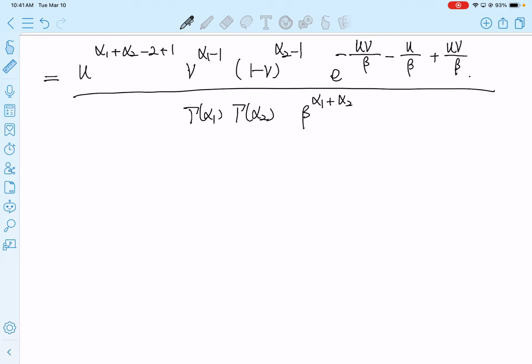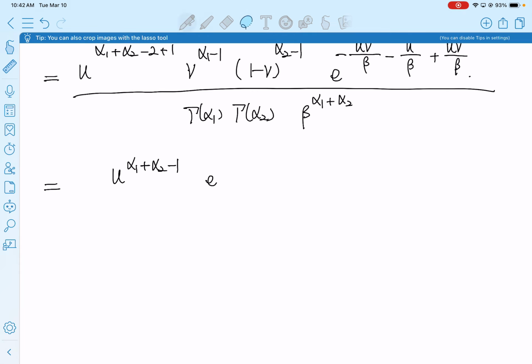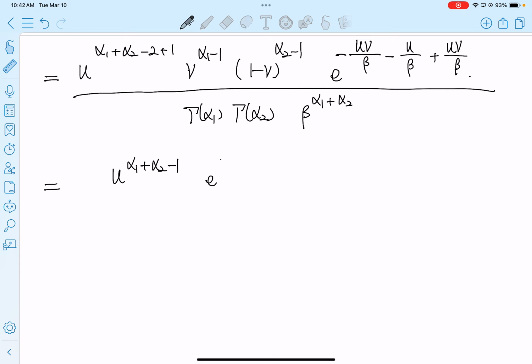Okay, let's further simplify this expression. For u, after we simplify, we will have alpha 1 plus alpha 2 minus 1. And now for the exponential term, we only have the negative u over beta, because this negative uv over beta and this plus uv over beta cancel out, so you only have one power remaining.